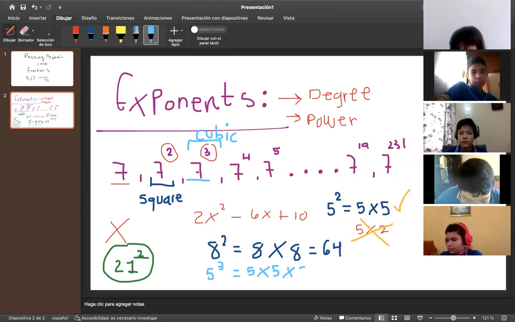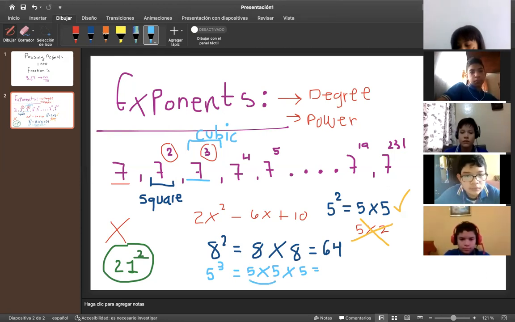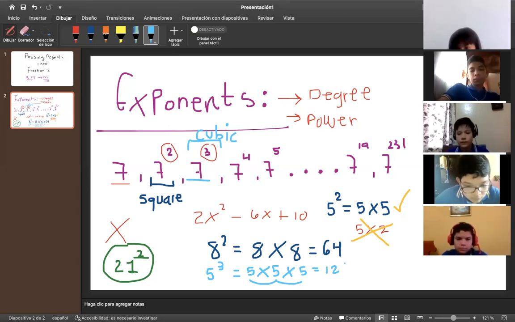How much is 5 times 5, guys? 25. And how much is 25 times 5? 125. So the answer of 5 cubic is 125.